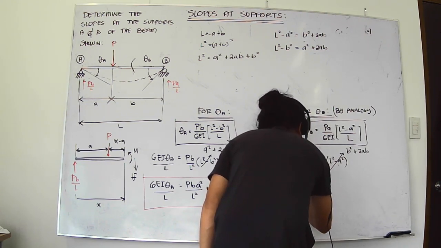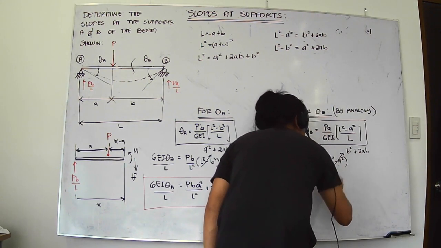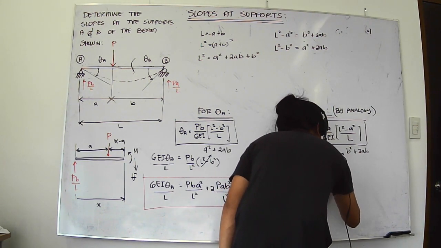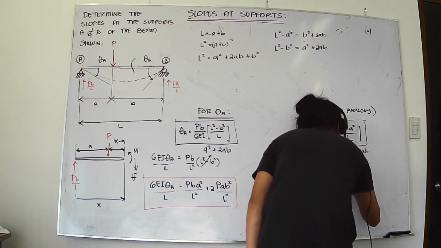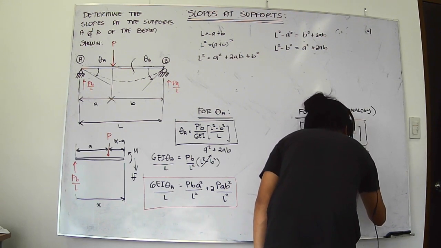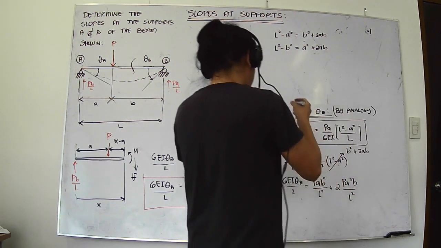6EI theta B over L, that is unsa? PAB squared plus 2PA squared B over L squared.